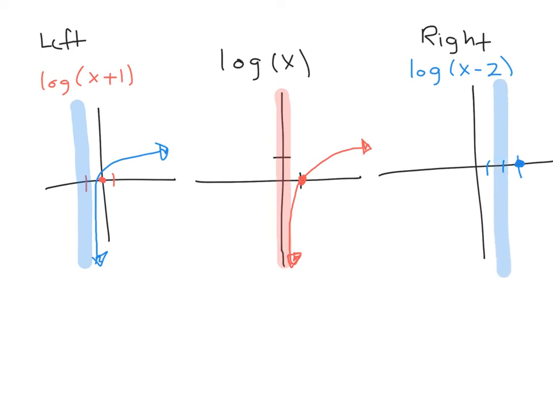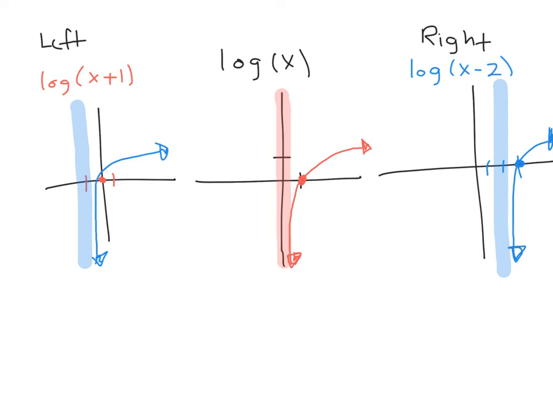And then when we go to draw, it'll look something like this. So as you can see, when you modify the horizontal translation, that directly affects where the asymptote is also moving. Just so you're aware.